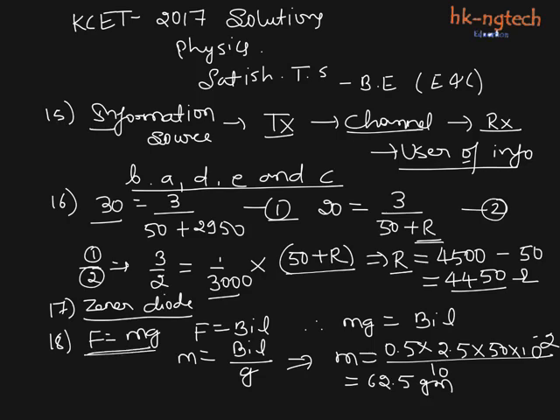Obviously we know that F is equal to mg, and the force due to the magnetic field is F is equal to BIL sin theta, but the magnetic field is perpendicular to the current carrying conductor, so sin theta becomes 1 here. If I equate both, mg is equal to BIL, therefore mass m must be equal to BIL divided by g. If I substitute the values properly, I will get 62.5 grams. That is the answer.